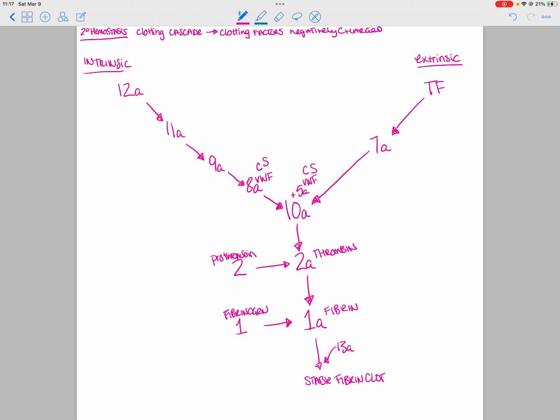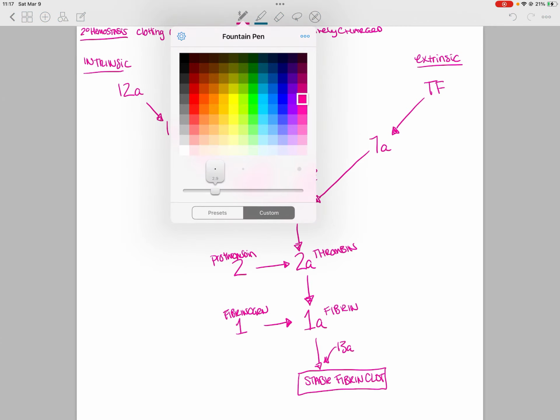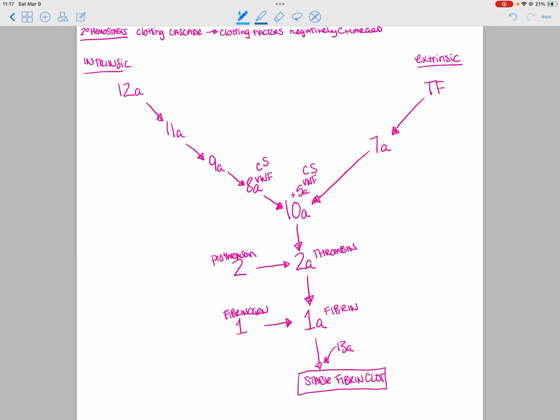Now, there are a couple of things that I want to add as far as physio goes. Keep in mind, what's the goal of the clotting cascade? Well, it's to create a stable fibrin clot, right? However, this clotting cascade must have a means of checks and balances, right? We don't want blood to be too viscous. We don't want blood to be too thin.